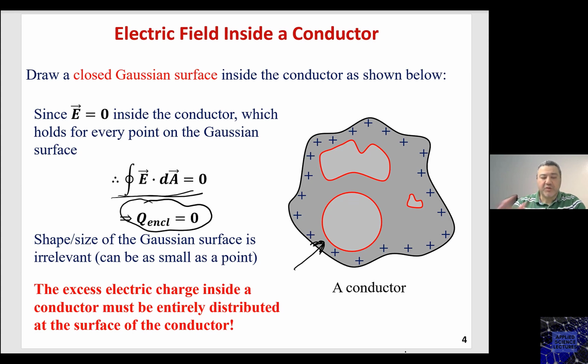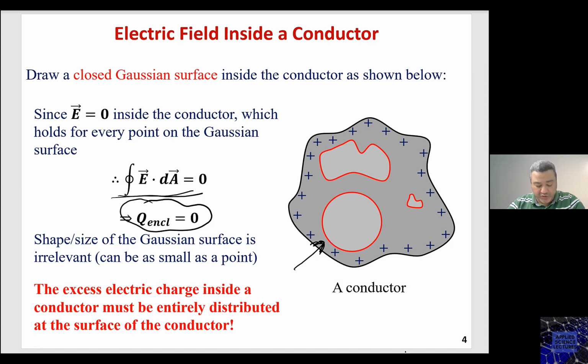And we know that the electric field inside the conductor is zero, which means that applying Gauss's law, we can conclude that the charges inside this conductor are also zero. In that sense, electric field inside the conductor is zero, and also charges inside the conductor are also zero after applying a Gaussian surface inside this conductor.